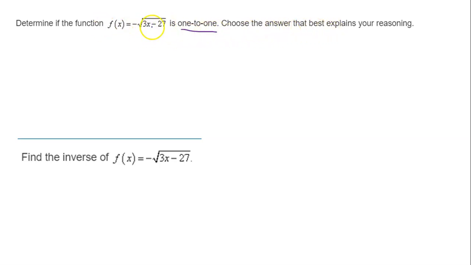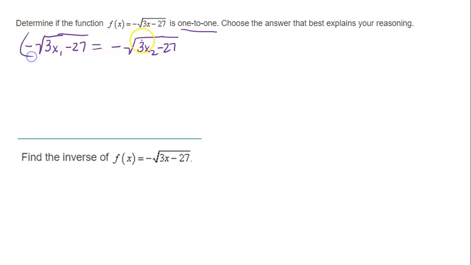When we're trying to determine if this is 1-to-1, you can always graph it, or what you can do is you can plug in x1 and x2 and see if they equal one another.